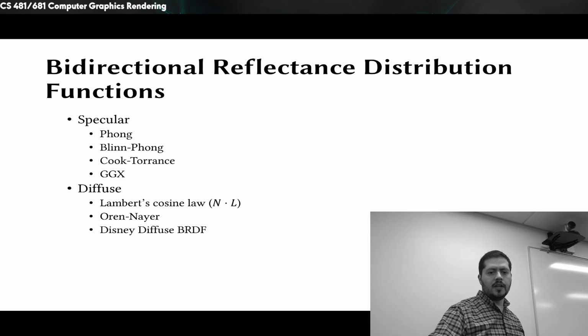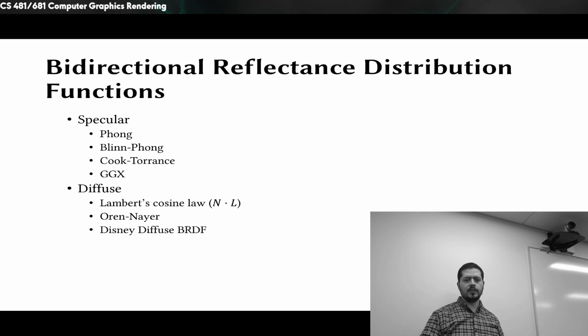Now, I did have this one equation on here, which is Lambert's cosine law, and we talked a little bit about this last week. What is this n dot l going to do for us?